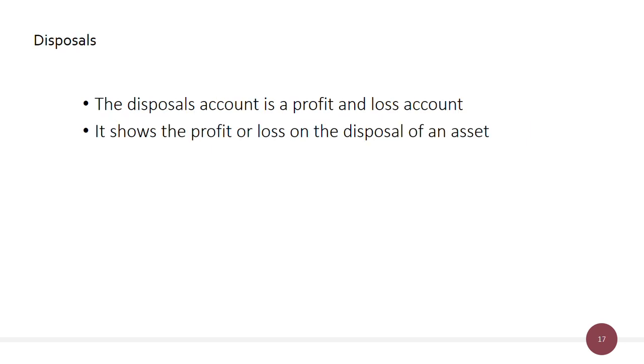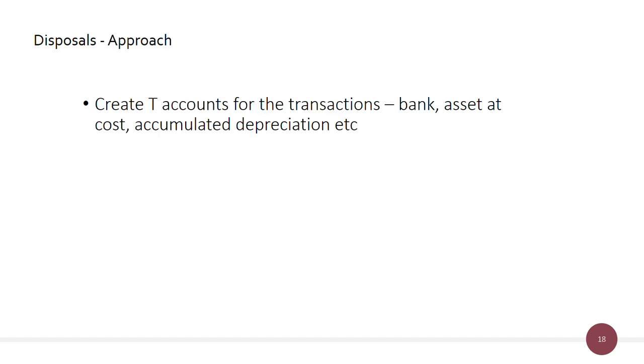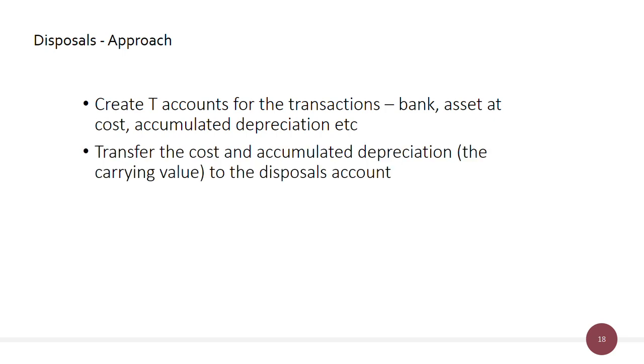So now what we're going to do is have a disposal. We've had these assets, we've used our van all the way through, and we're now going to have profit and loss on disposal. That's what we're going to be looking at now. We're going to create T accounts, and I'm going to show you in a minute a worked example.